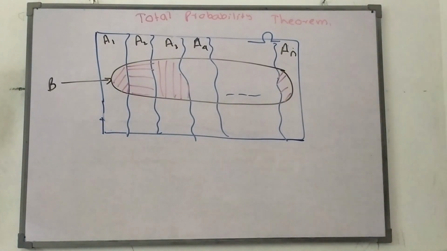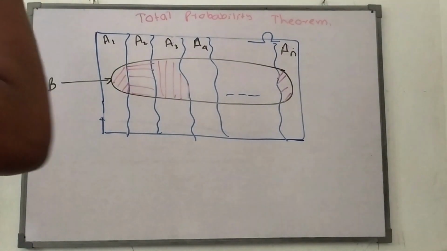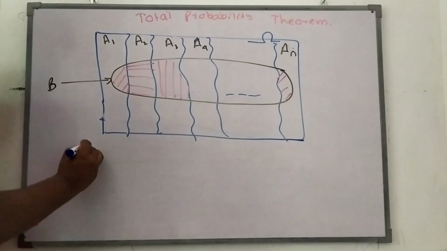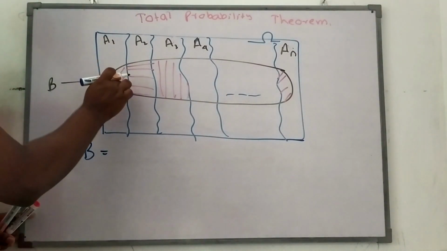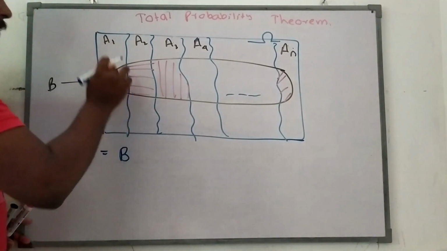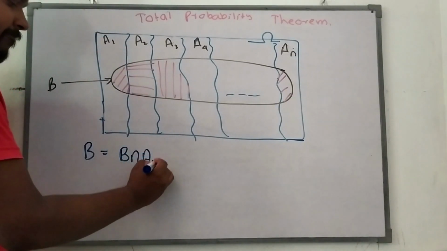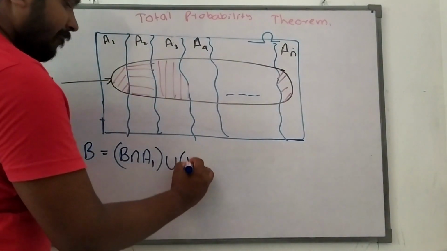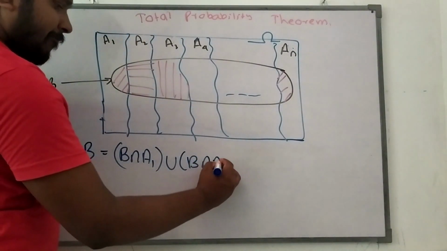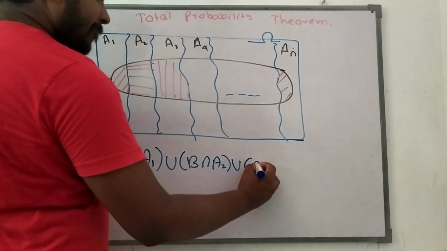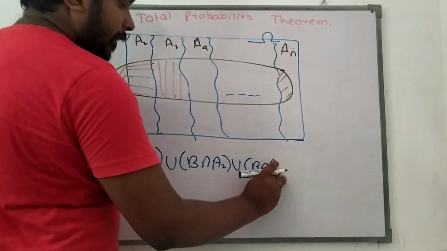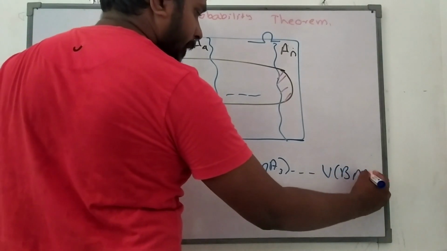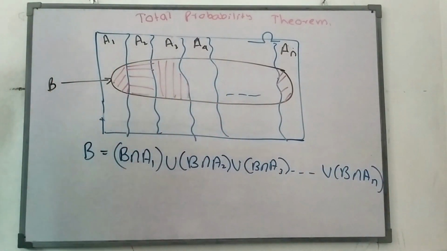Actually, the total probability theorem is focused on determining that B. How does B come about? B comes from A1 union B coming from A2, B coming from A3, and likewise B coming from AN.